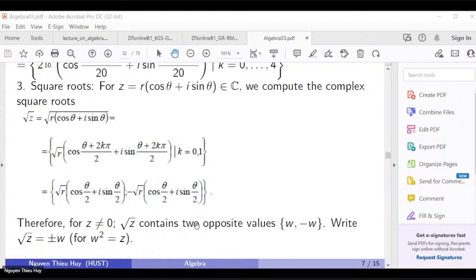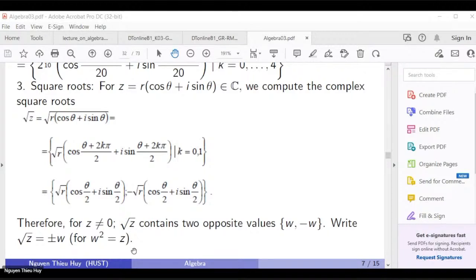But now, after discovering this, we obtain that it contains two opposite values, w and minus w. So for convenience we simply write plus or minus w. When w is one of the square roots, then the other square root should be minus w.